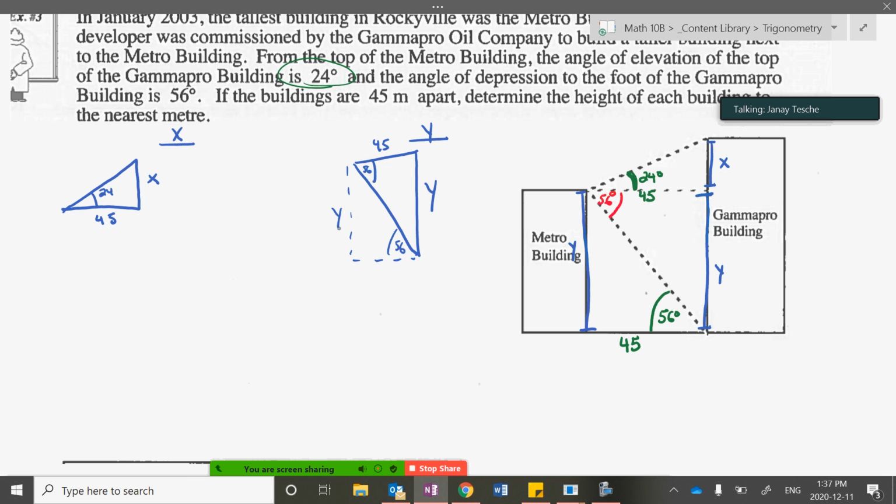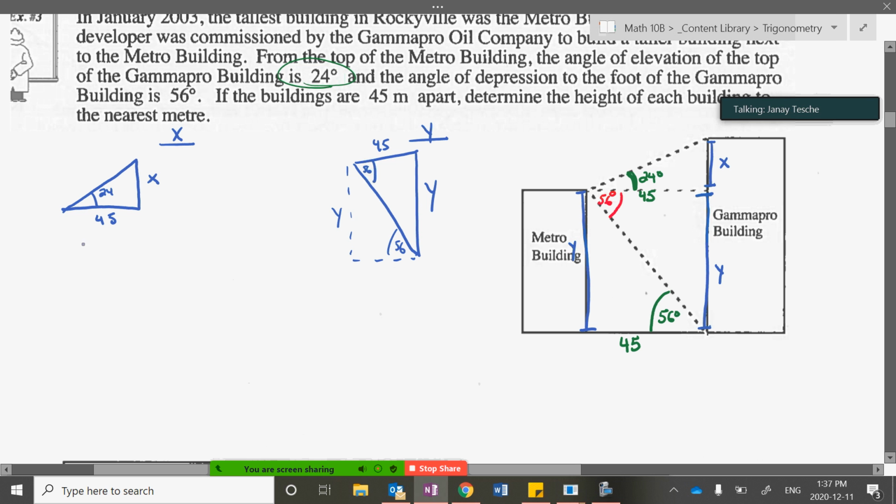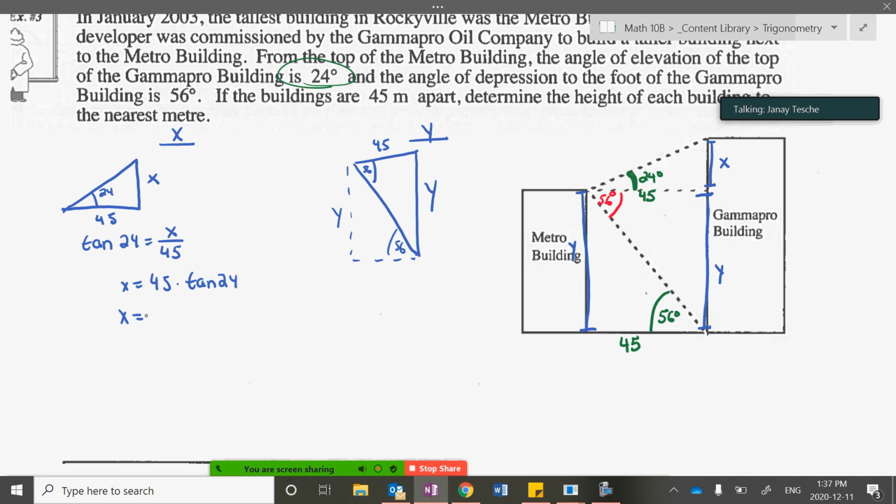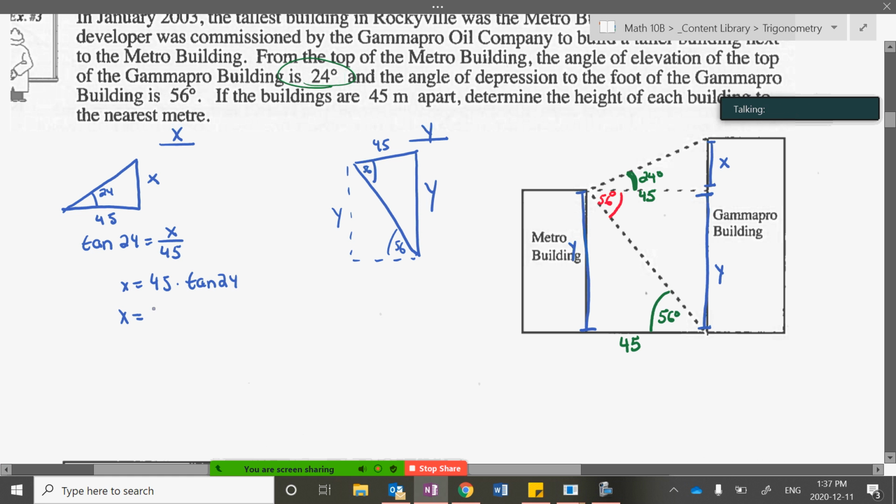So going to solve for x, we're going to use tan. So the tan of 24 is equal to opposite over adjacent. So then I'm going to get 45 multiplied by the tan of 24, which gives us 20.04.